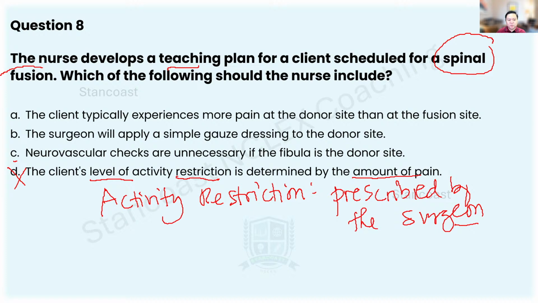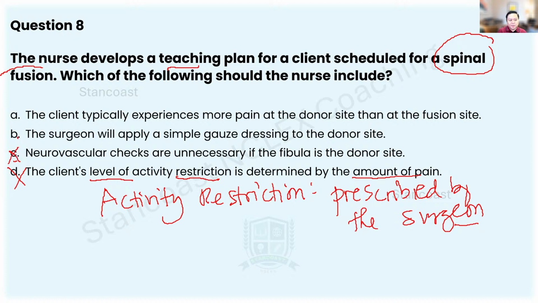We know that every surgical procedure that we had encountered earlier, remember, I've always emphasized about the neurovascular checking, post-operatively checking into the circulation, sensation, the motor function of that particular leg, especially if the fibula is the donor site, right? And so again, this is going to be an incorrect statement.